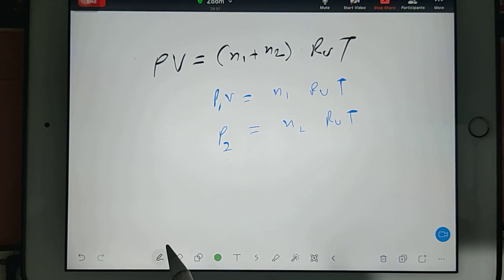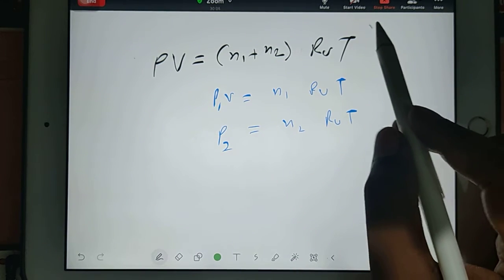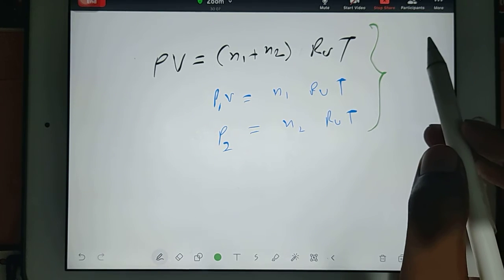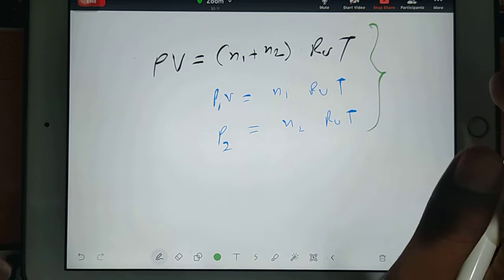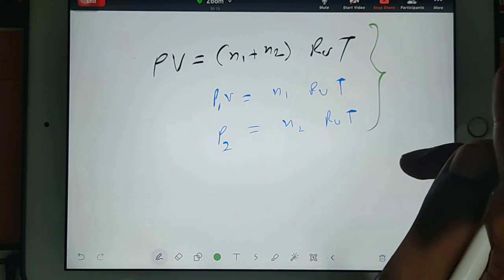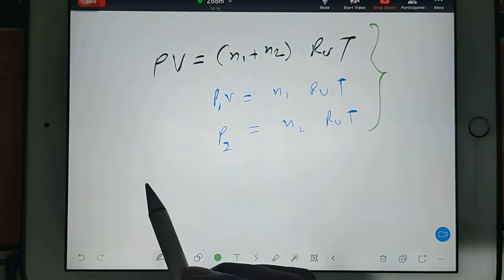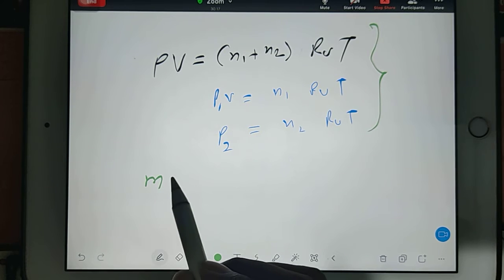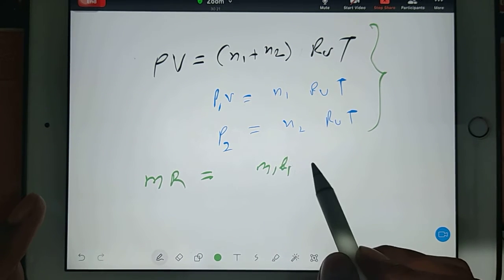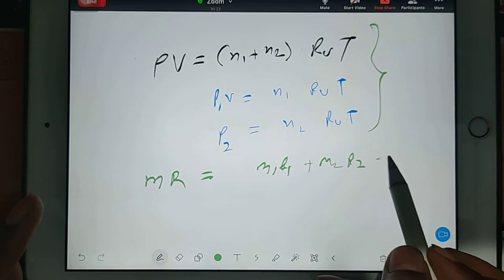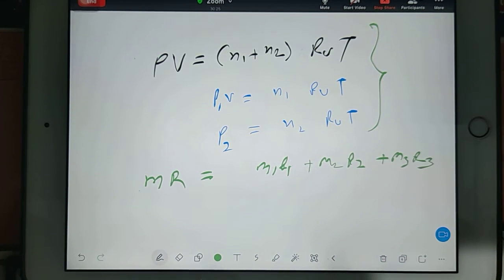What I'm trying to say is that if you write the equation in terms of mass, or in terms of number of moles, and add all the pressures, you are going to get the total pressure. You can write MR equated with M1 R1 plus M2 R2 plus M3 R3.